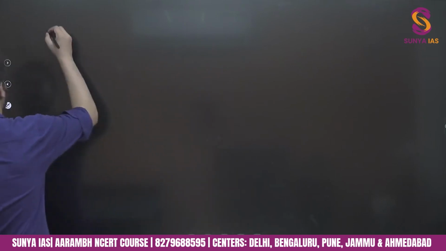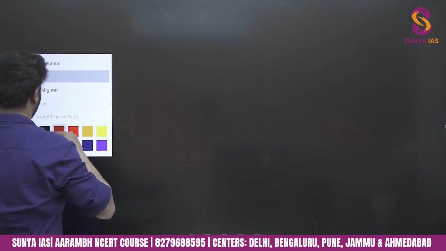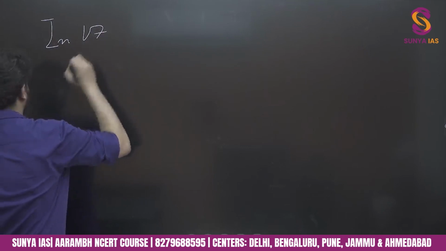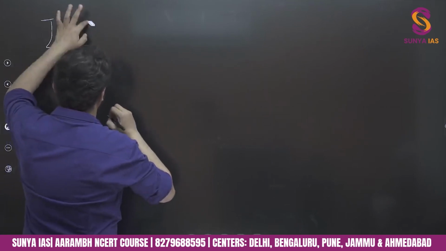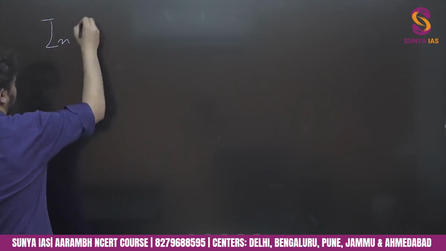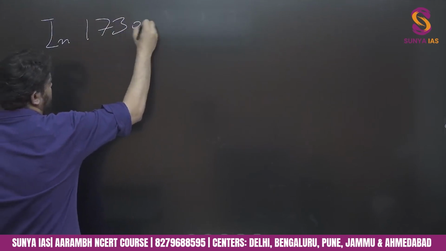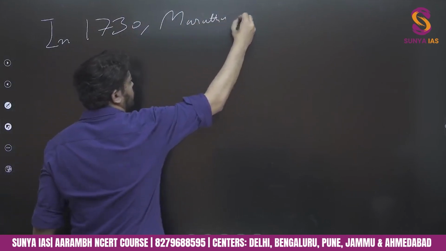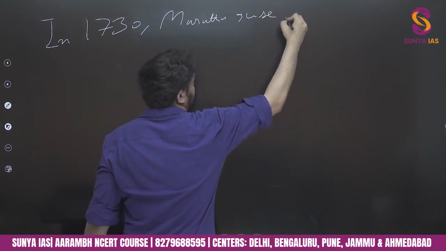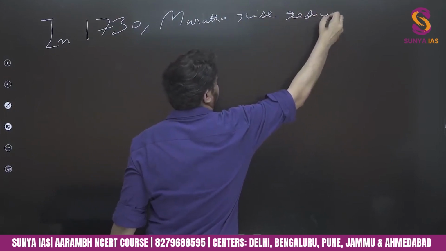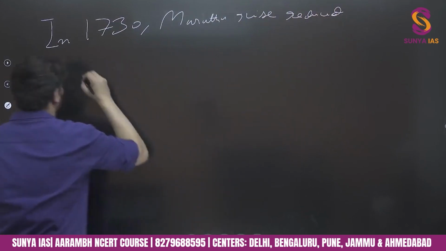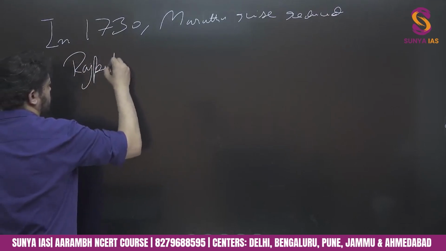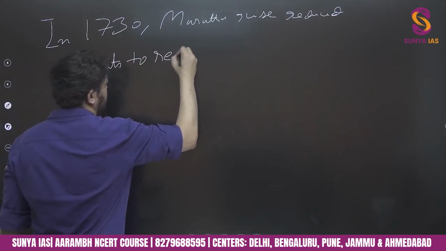Basically, in the 1730s, the Marathas rose and reduced the Rajputs to regional level.